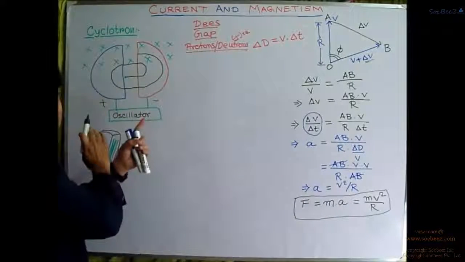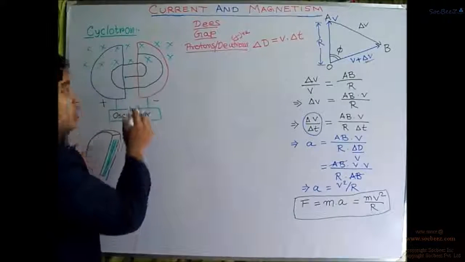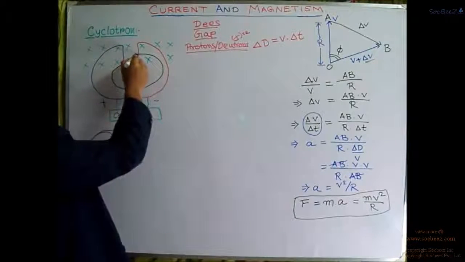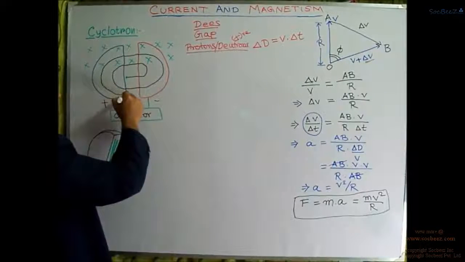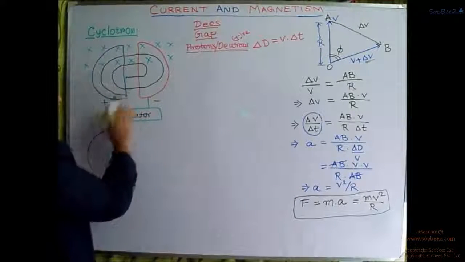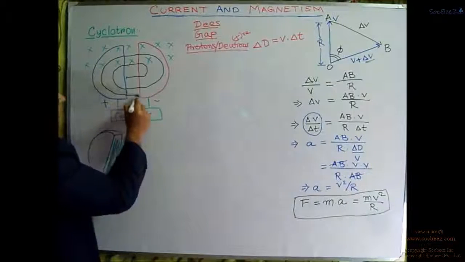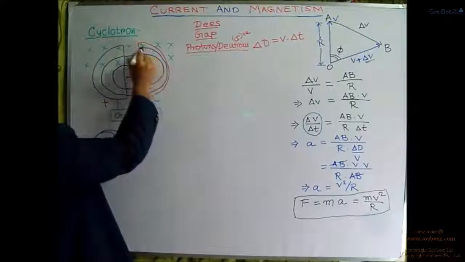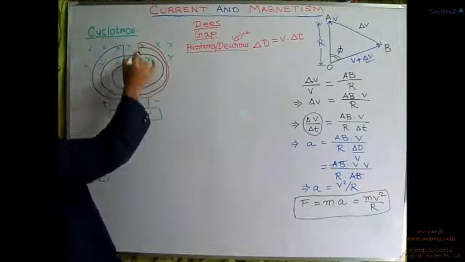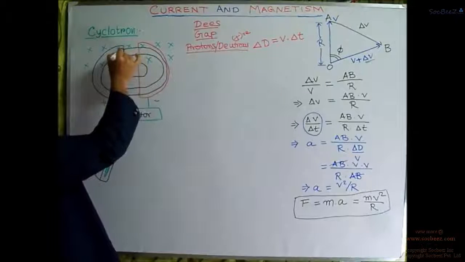Again this oscillator will be changing the charges on the D's like this, again a bigger one, then again this will change, straight line, again a bigger circle, again a straight line.